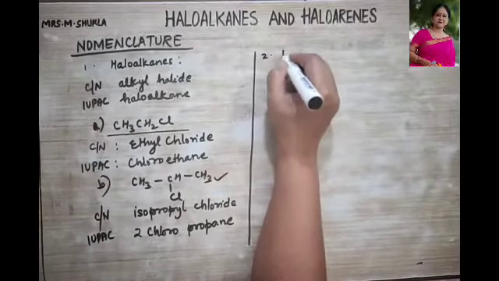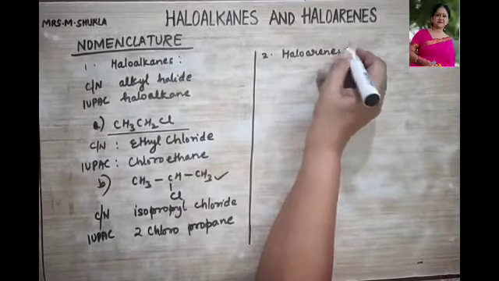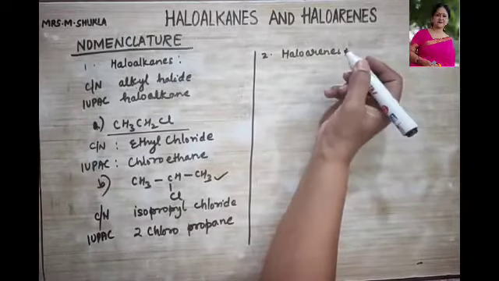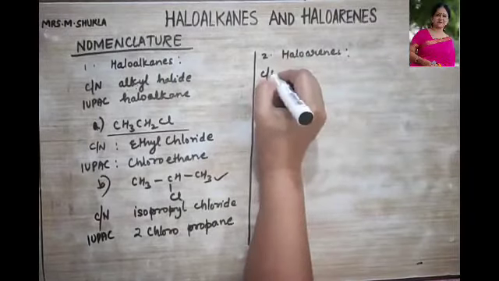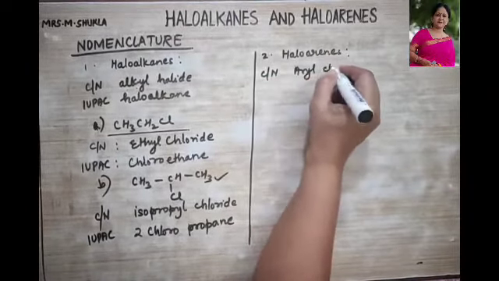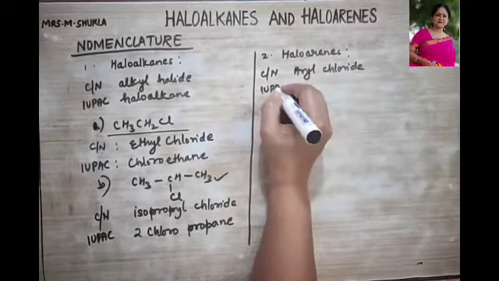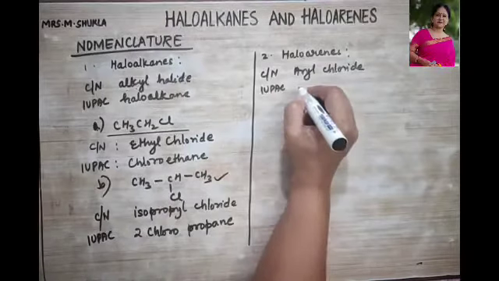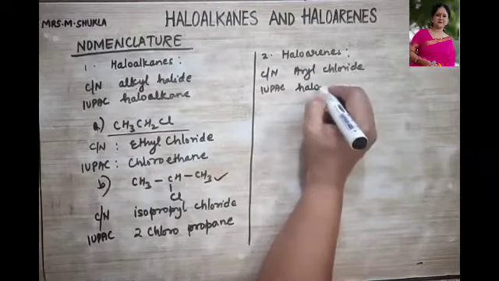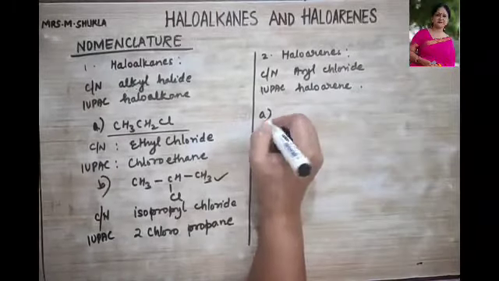Now let us talk about haloarenes. Over here the common name has to be written as aryl halide, and the IUPAC name will be haloarene, right? So let's take one example.